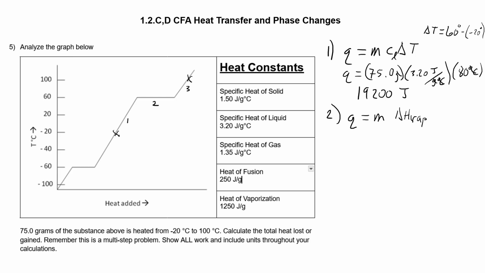Since we're transitioning from a liquid to a gas, we want to use the heat of vaporization here. This one's a little bit easier calculation. We still have 75 grams, and we're going to multiply that by the heat of vaporization, which was 1,250 joules per gram.